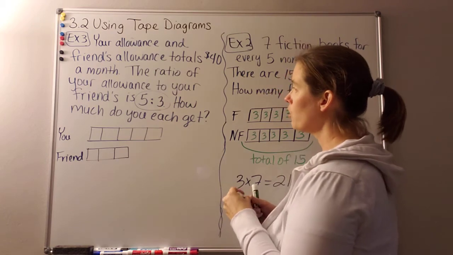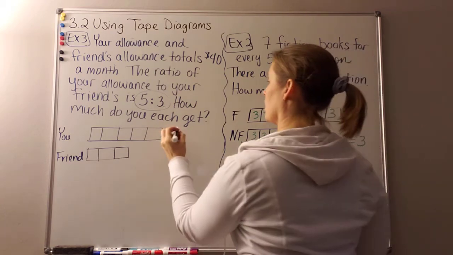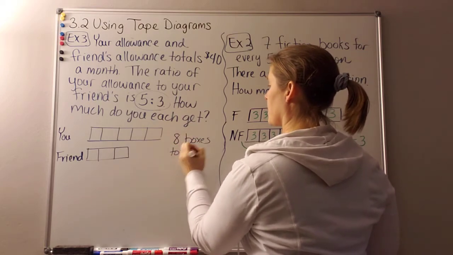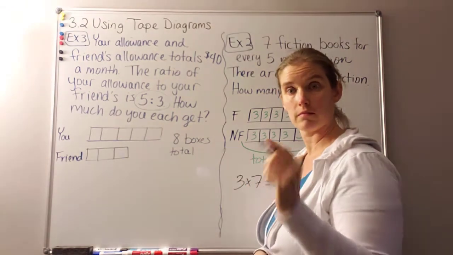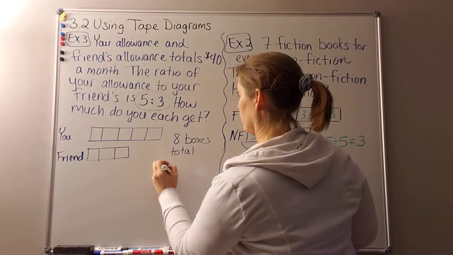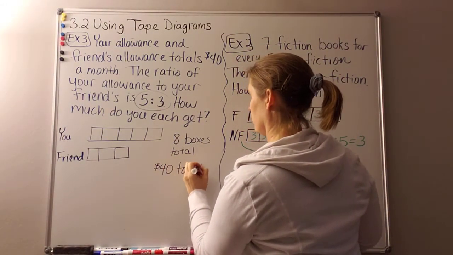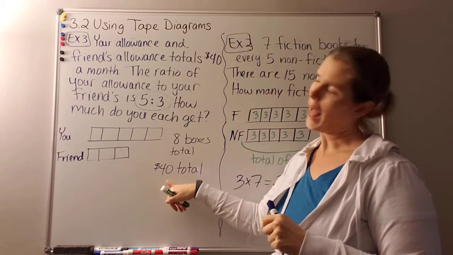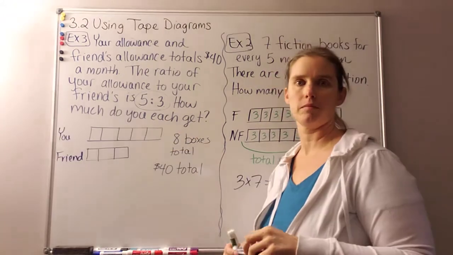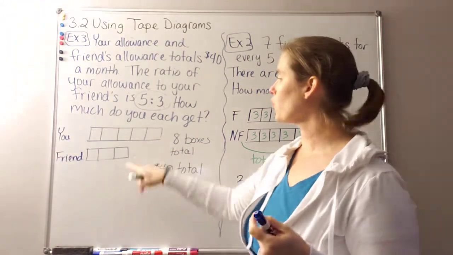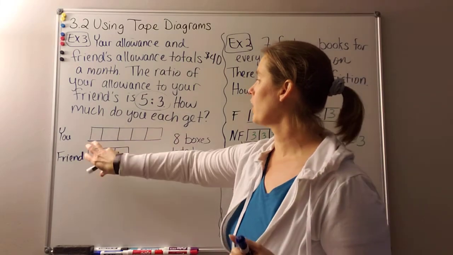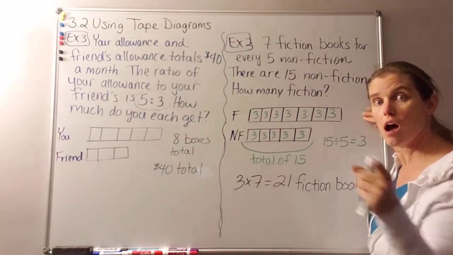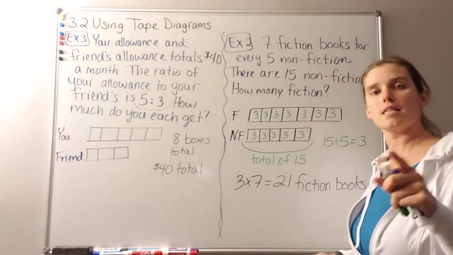Now it's a total, so how many boxes total? And how much money total? Good. 8 boxes total, $40 total. How much is each box going to be worth? Can we figure it out for each one individually? Like figure out one row and then apply it to the other like we did over here in example 2? No. But a similar concept is going to come into play.